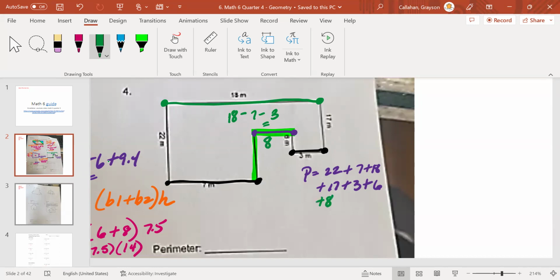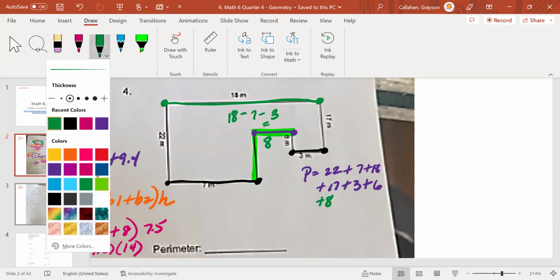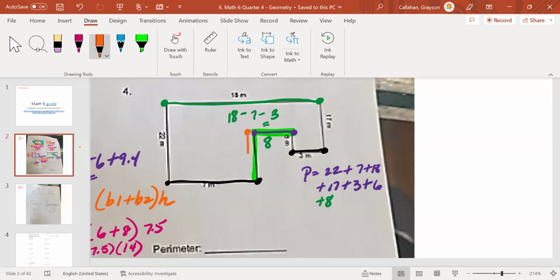So put plus 8. Now you gotta take a look at the orange, this piece right here. How would I find the orange piece? Minus 11 meters. We're at 17. Yeah, 22 minus 17, which is? 5. Okay, so plus 5. Now add everything together for your perimeter.